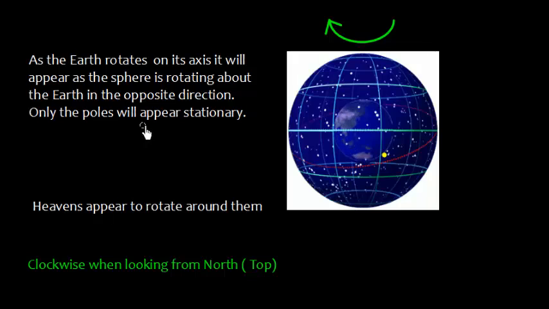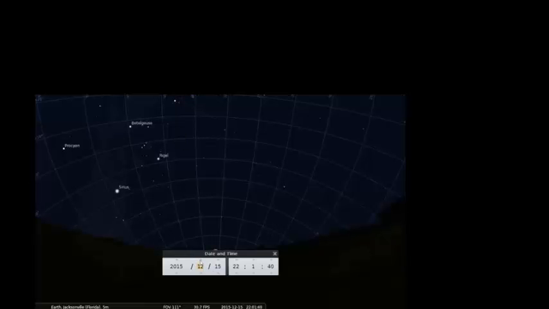Only the poles will appear stationary. So here the Earth is rotating in this direction. The celestial sphere will appear to be rotating in the opposite direction. That is how it will appear rotating this way if seen from the northern hemisphere. Since Earth is rotating west to east, it will appear to rotate from east to west.